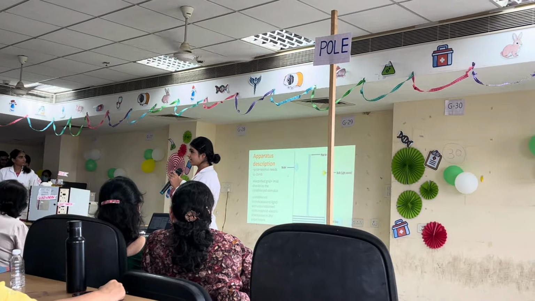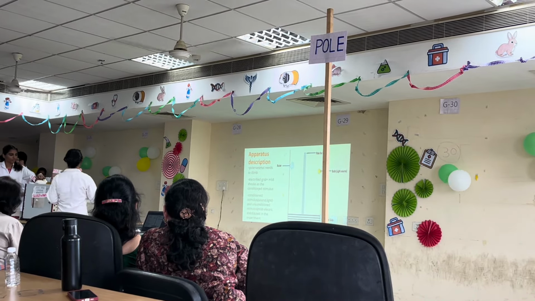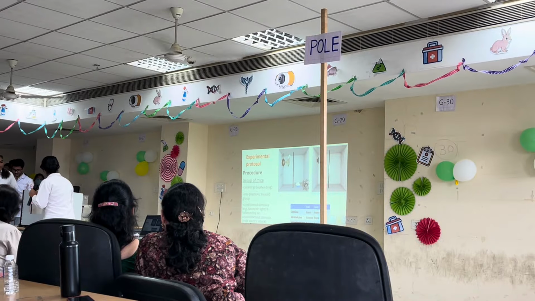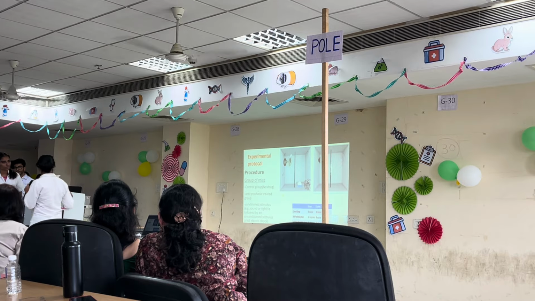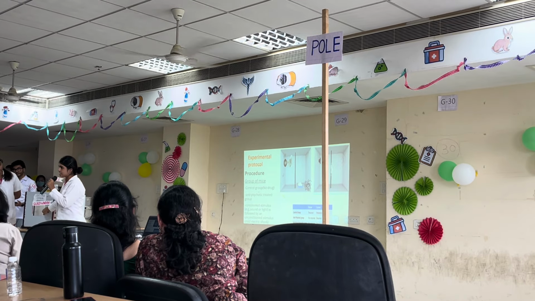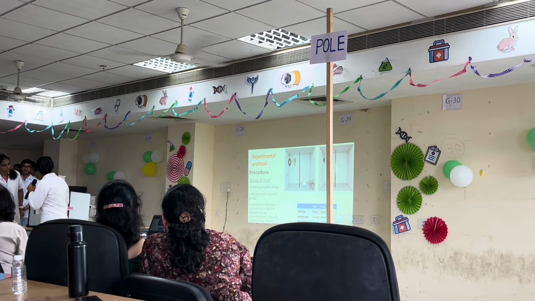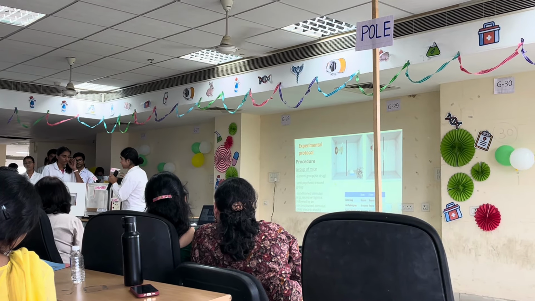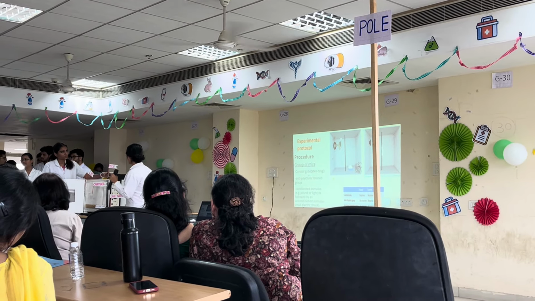Now I will explain the parts of the apparatus. This is the insulating chamber. This right here is the glass window, which is used to see the result. Now there is a buzzer and a light bulb inside it, and these are the buttons to operate them.